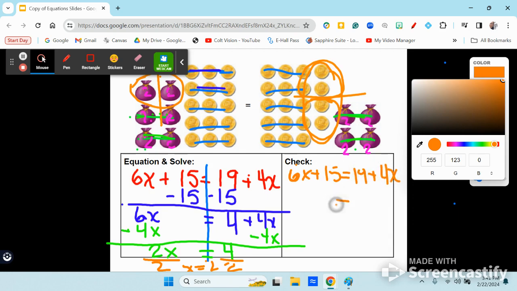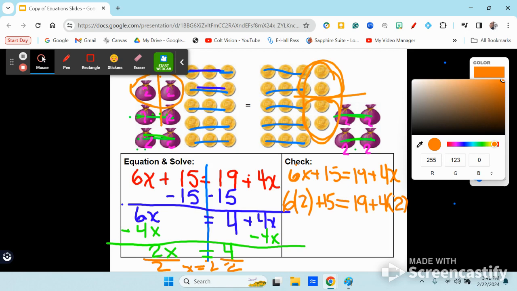Then we substitute in the solution we have for x, wherever we see x. So that means 6 times 2, because x is 2, plus 15. And over here, 19 plus 4 times 2.